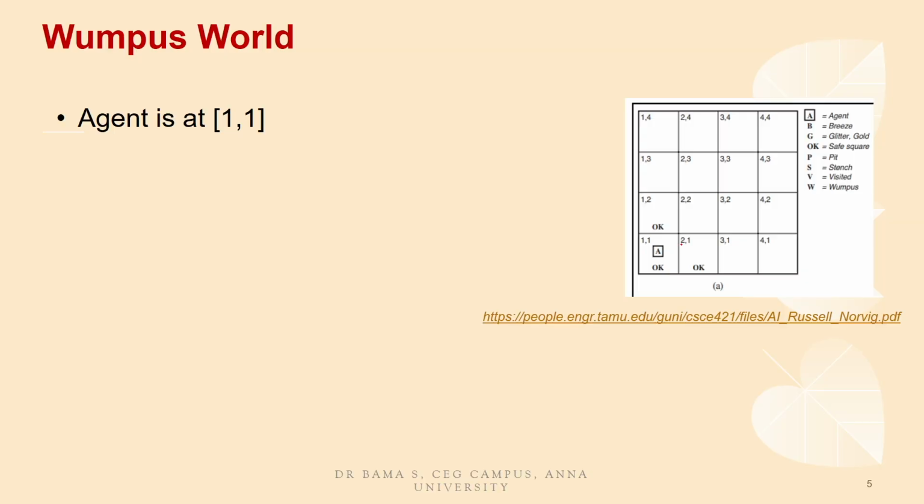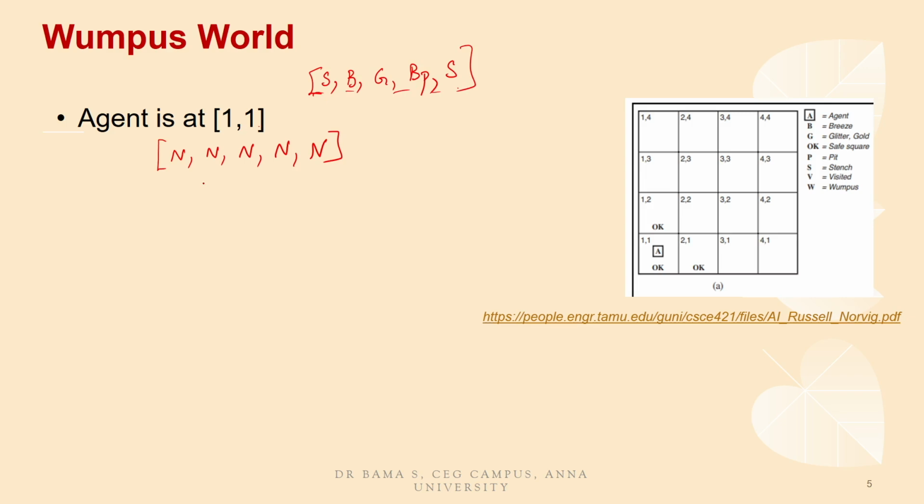Now, when the agent is at 1 1, we will have the information as N, N, N, N, N. Remember, each of these are going to be the senses where we said stench, breeze, glitter, bump and scream. Okay, these are the facts.